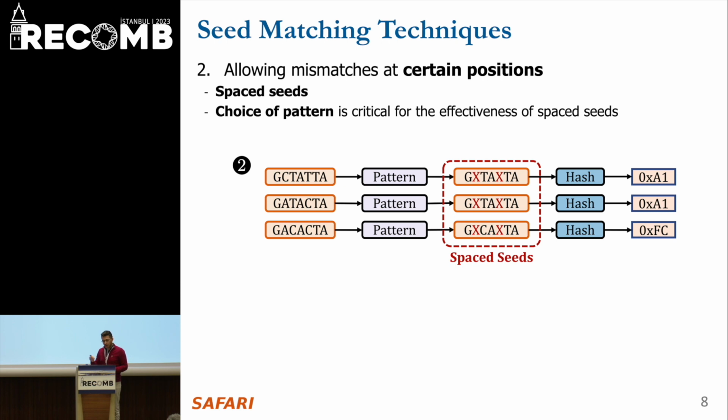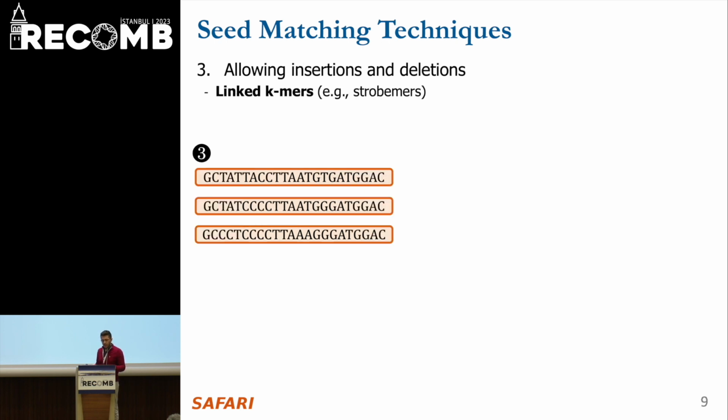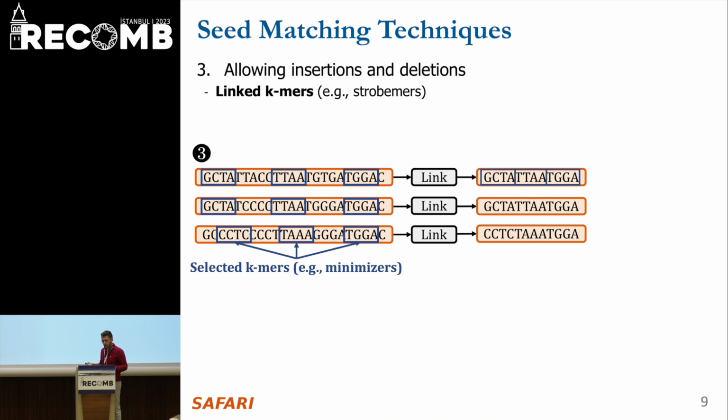And the last method that I want to mention is that we may also allow some insertions and deletions between the sequences where we want to identify similarities. For example, instead of hashing this entire long sequence, we can first select some k-mers between these sequences, for example, minimizers, and then we can link them together, which we can call, as we know, strobemers, from the linked minimizers.